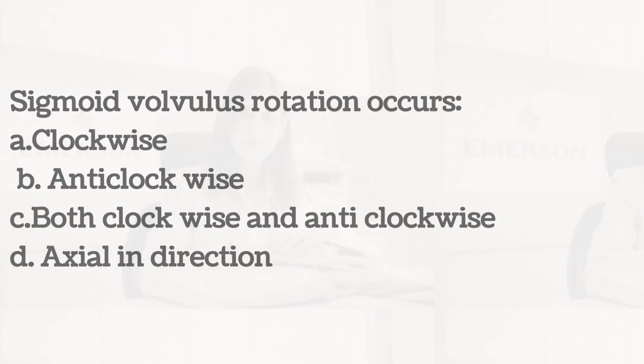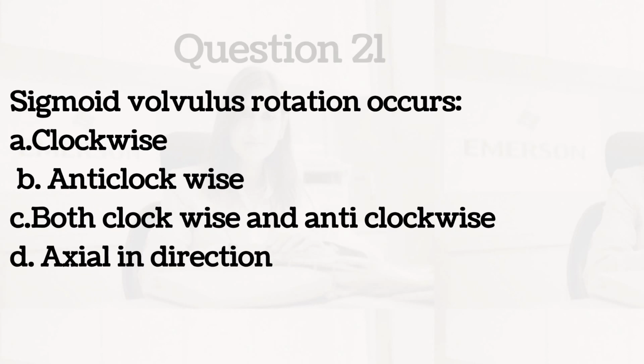Question 21, we have sigmoid volvulus rotation occurs A. Clockwise, B. Anti-clockwise, C. Both clockwise and anti-clockwise, D. Any direction. So for this one, the answer is C, both clockwise and anti-clockwise.